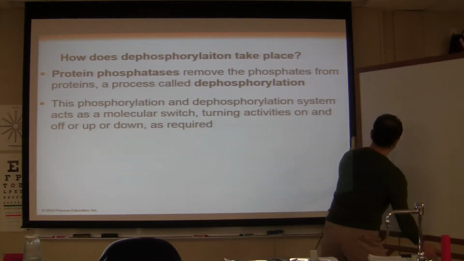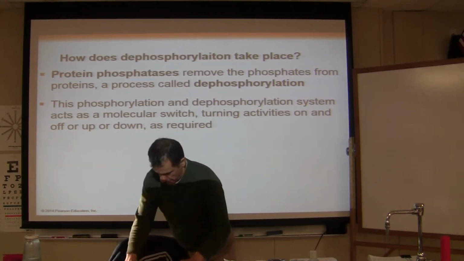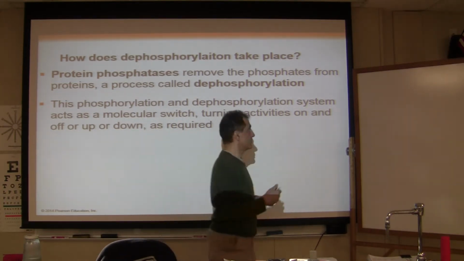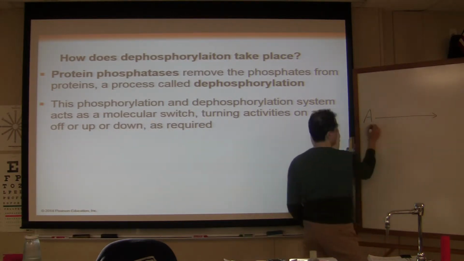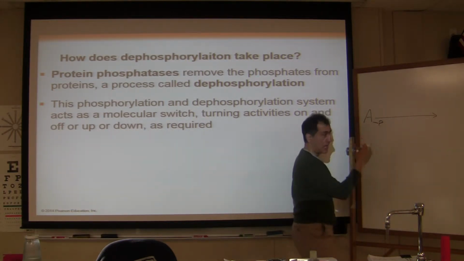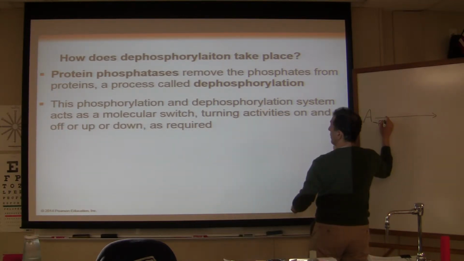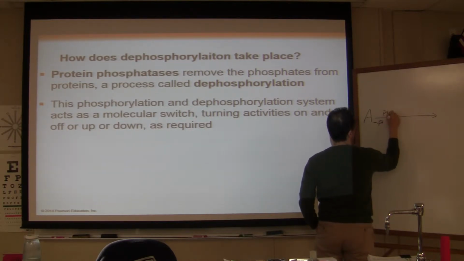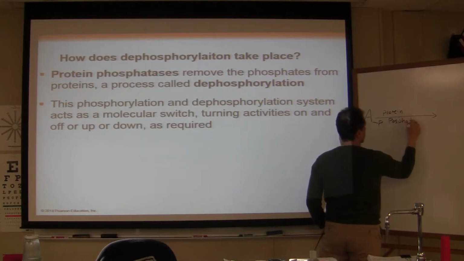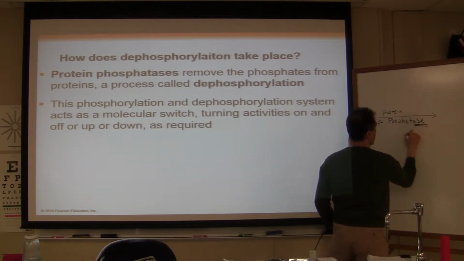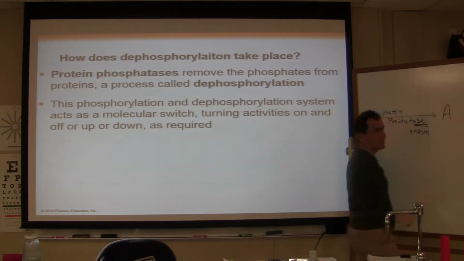Let's talk about this a little bit. So protein A has phosphate attached to it. But this molecule, phosphatase protein, ase at the end of the word means enzyme, turns this molecule to this.